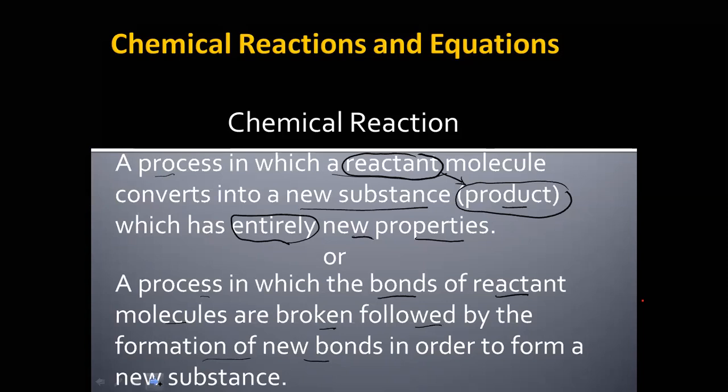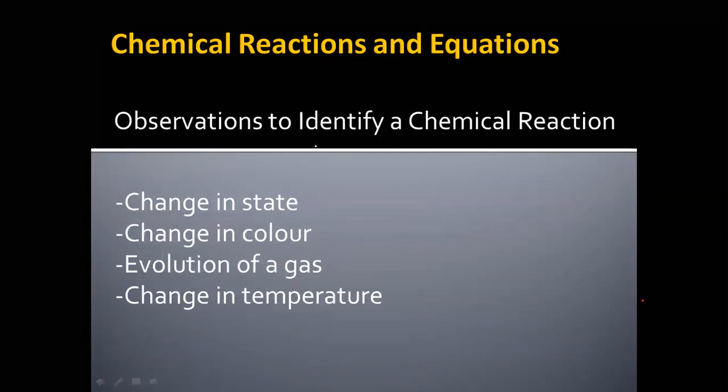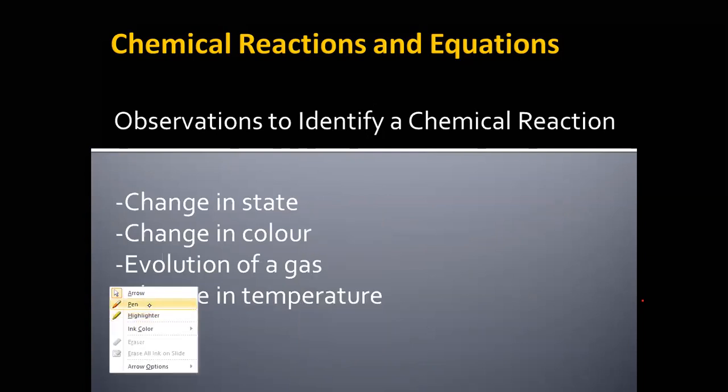Next question: how do we analyze that a particular chemical change or chemical reaction is taking place? Definitely with the help of observations. I have the observations which are clearly given in the NCERT book: change in state, change in color, as well as evolution of some gas.